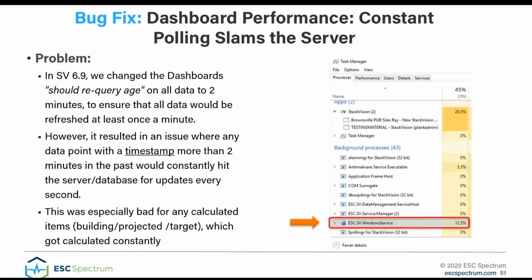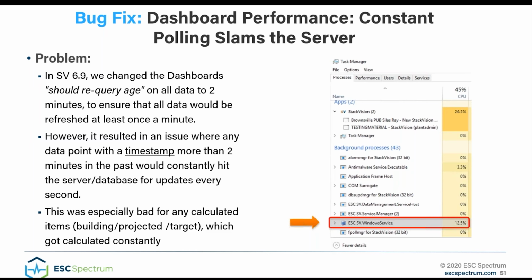This, however, resulted in an issue where any data point with a timestamp more than 2 minutes in the past would constantly hit the server database for updates every second. And this was especially bad for any calculated items like building, projected, or target, which got calculated constantly.